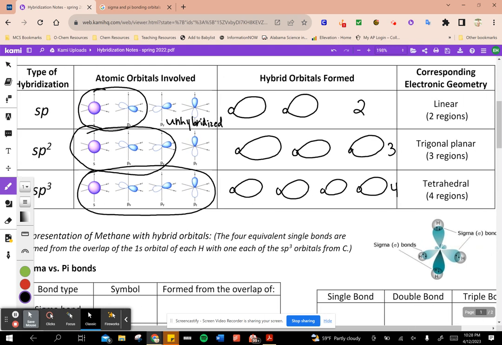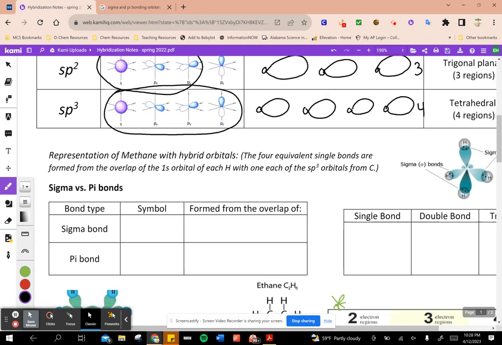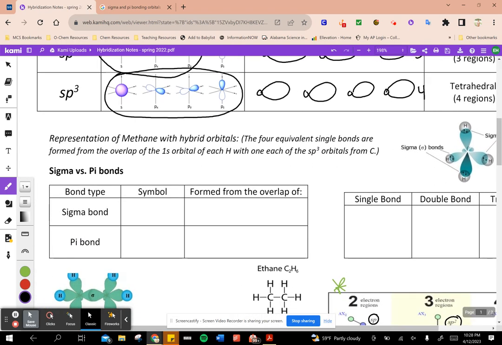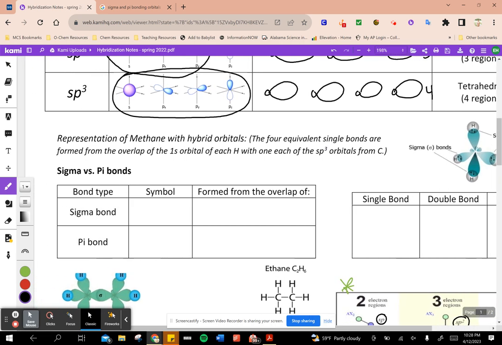Now, what you can do with those hybrid and unhybridized orbitals is overlap them to form different types of bonds. That brings us to a new vocab term: a sigma versus a pi bond. A sigma bond is symbolized with the Greek sigma symbol, and a pi bond is symbolized with the Greek symbol for pi.